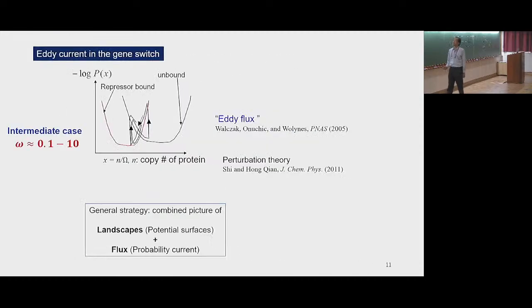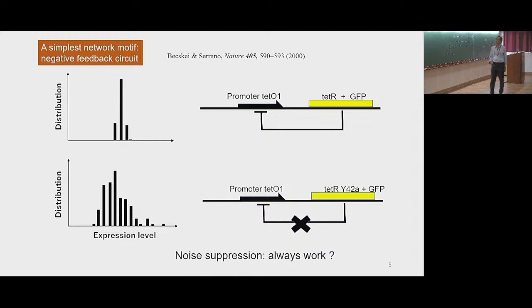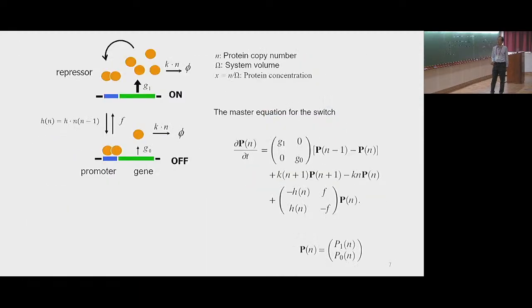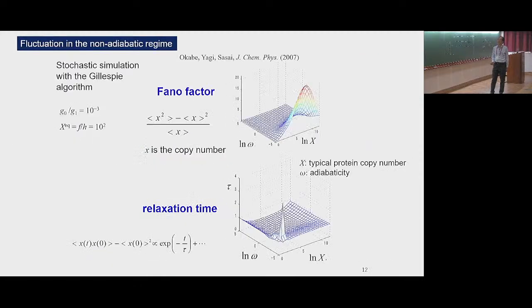I mean that this experiment can be nicely explained by the adiabatic calculation. But the question is whether the non-adiabatic anomaly can be seen in real biological systems or not.